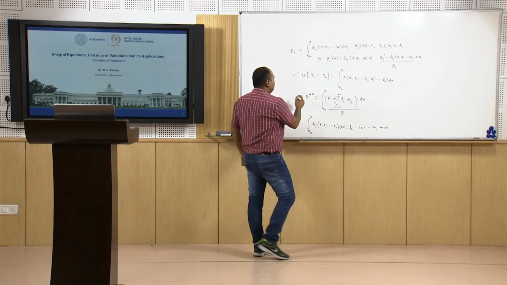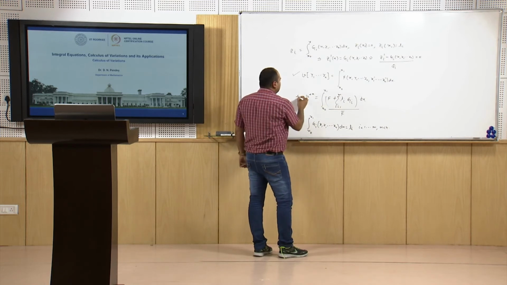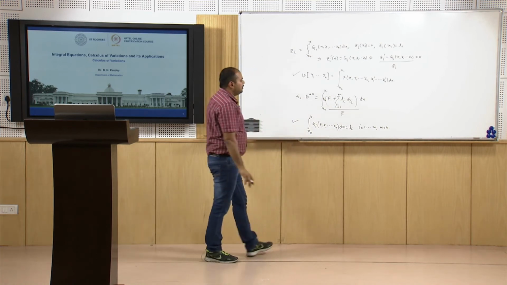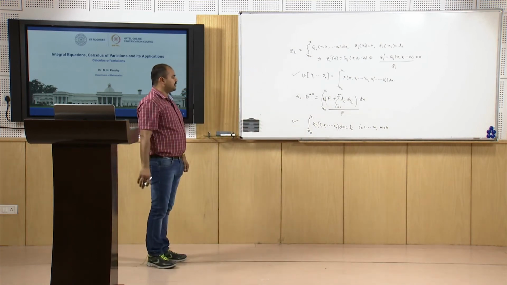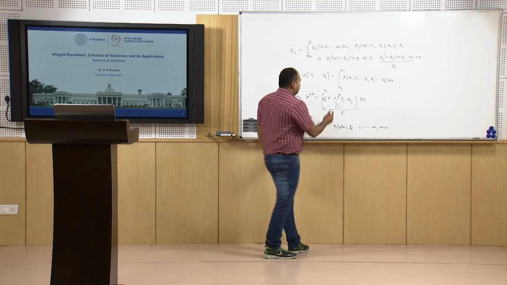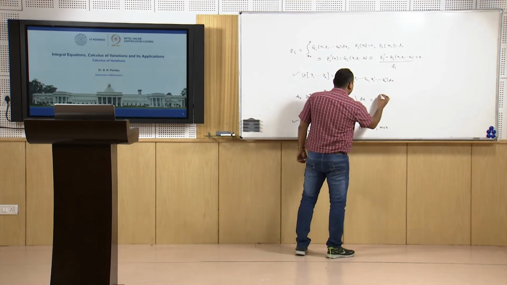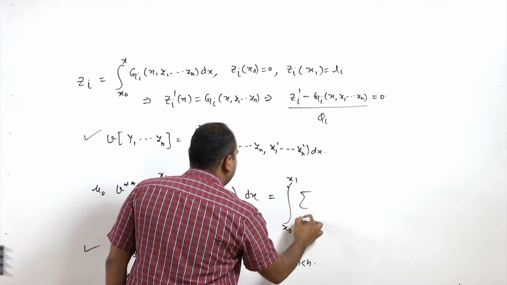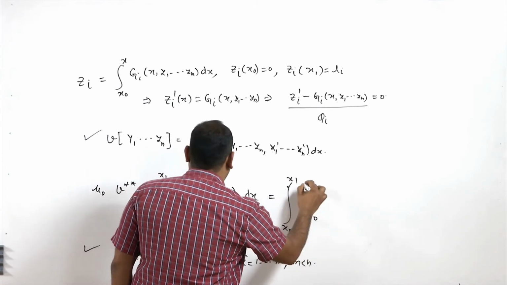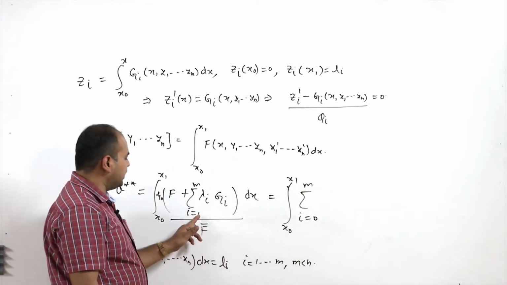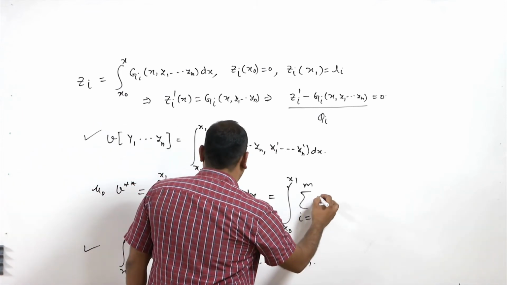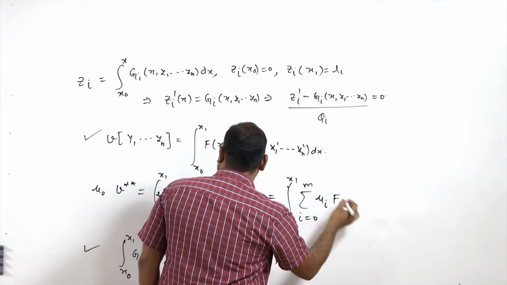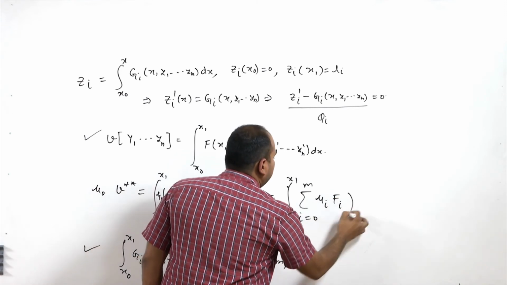Now if we multiply both sides by any constant, say mu naught, then also there is no change in the solution of Euler's equation. So what we can do here, we rewrite this as the integral from x0 to x1, and we can write the sum from i equal to 0 to m rather than starting from 1 to m, and we write this as mu i fi dx.